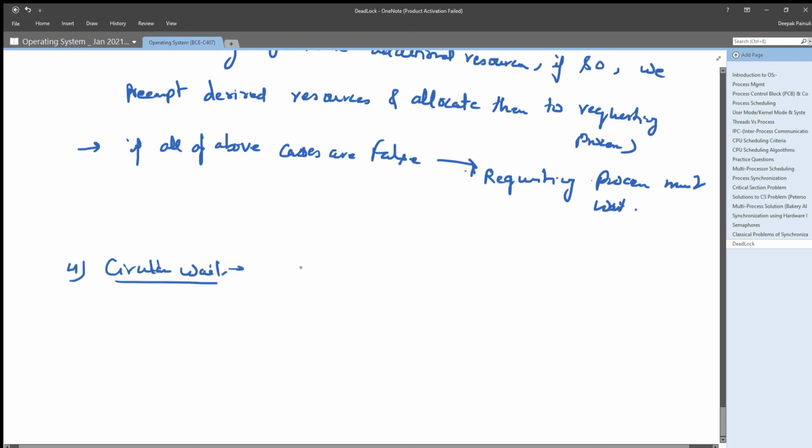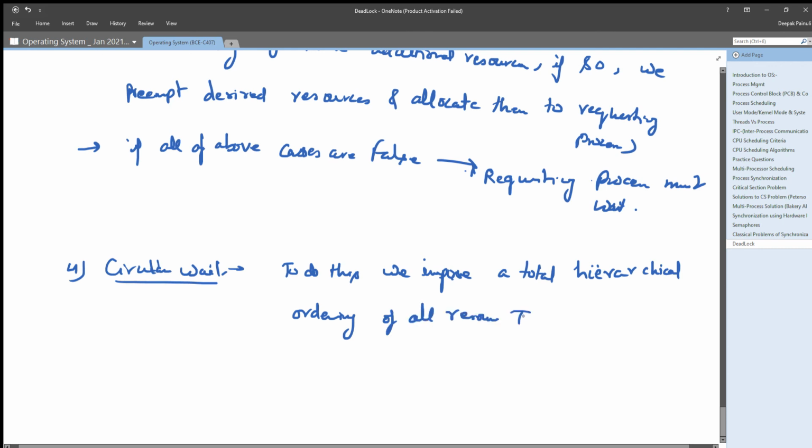To do this, we impose a total hierarchical ordering of all resource types, right?